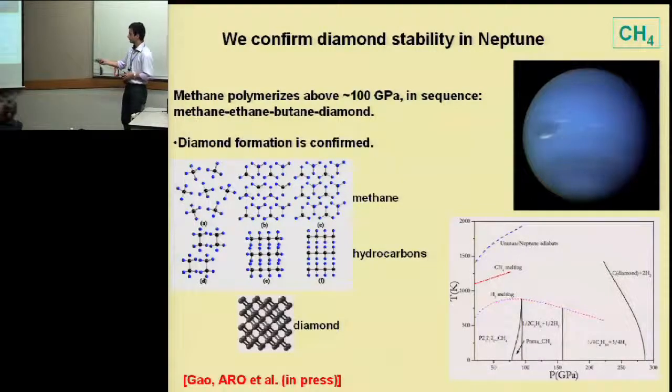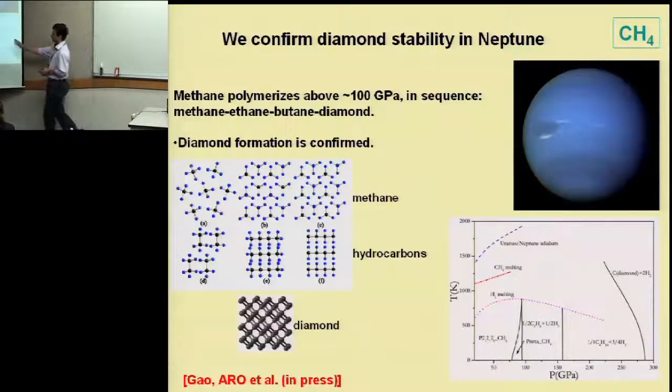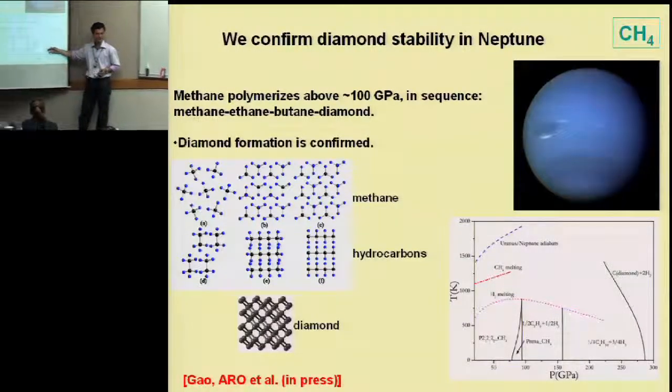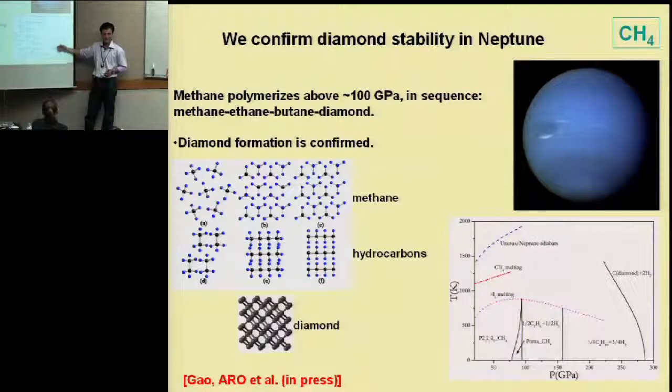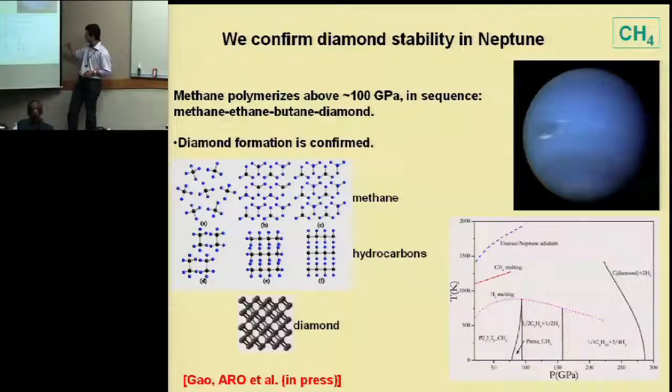We have generated the phase diagram of methane, and we found that indeed methane disproportionates into hydrogen and hydrocarbons. First ethane, then butane. So something close to gasoline. Hey, we can go to Neptune to mine for gasoline. And then diamond. And then you can go and mine for diamond on Neptune.